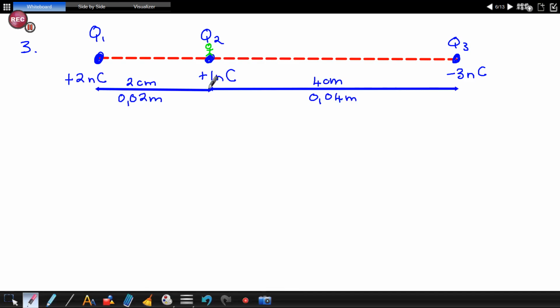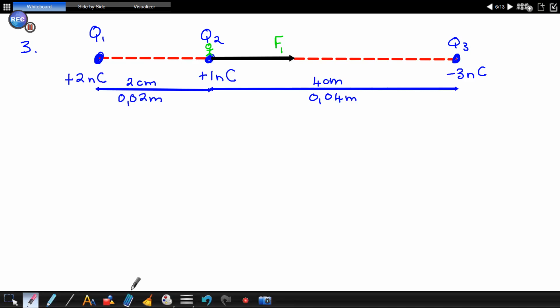Now we need to teach ourselves to ask ourselves, what is Q1 doing to Q2? It's repelling it. So it's pushing it to the right. Am I right? Okay. So I need to draw this part.